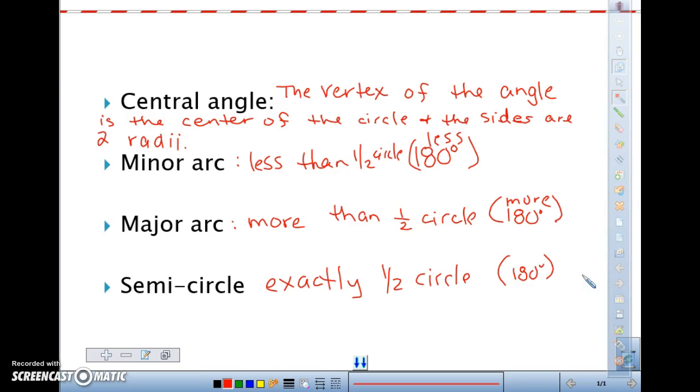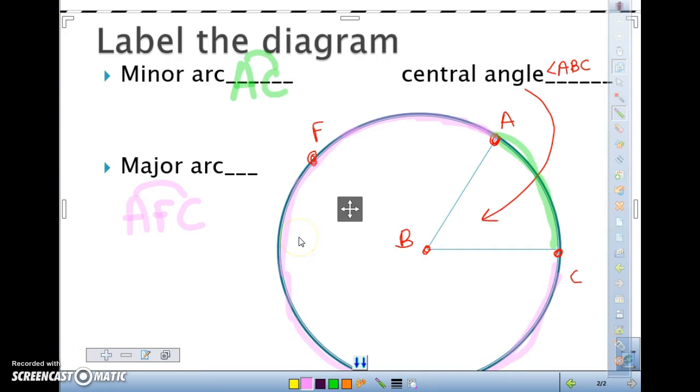I'm going to give everybody just a moment to write down 3 letters. And they do go in order. So if you see an arc that says AFC, you're going to start at A, then go to F next, go through F and stop at C. So you want to trace these as you read them. Major arcs use 3 letters, minor arcs use 2.